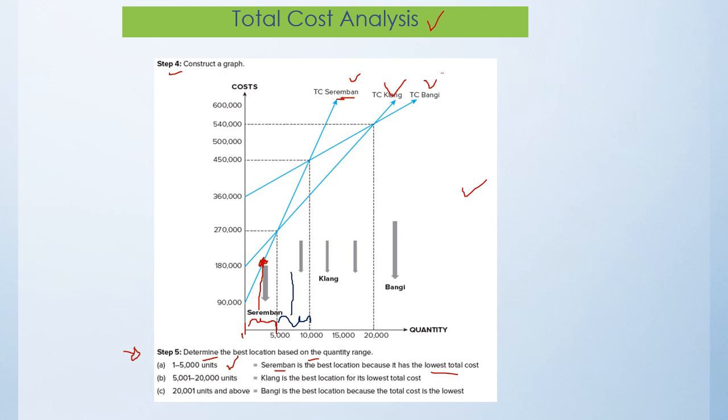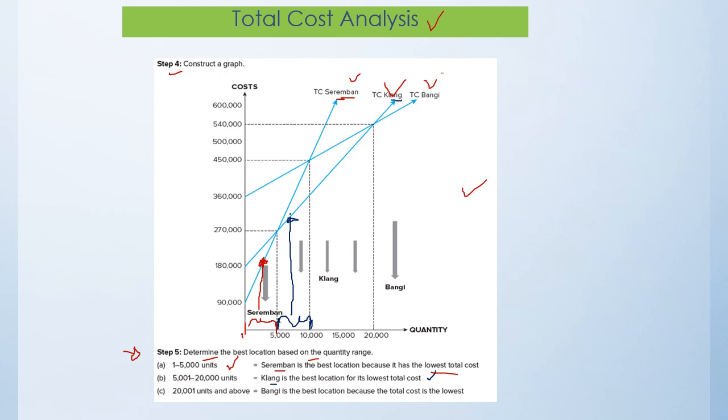We go up and see which line we touch. So we touch this line that belongs to Kelang. So if the company increases the production from 5,001 units and stops at 10,000 units, Kelang is the best location because this is the line that we touch first. Total cost for Kelang, okay, because it has the lowest cost.